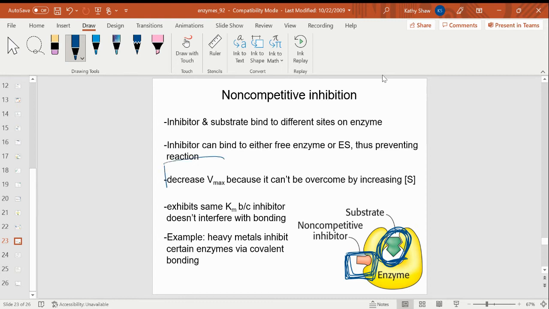So we've decreased Vmax, and there's not a thing we can do about it. Increasing the substrate concentration didn't help. So we're not interfering with the binding, so Km didn't change, but Vmax absolutely did change. So I'm decreasing Vmax no matter what.